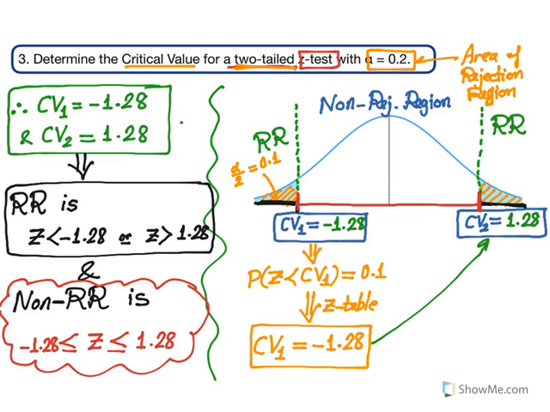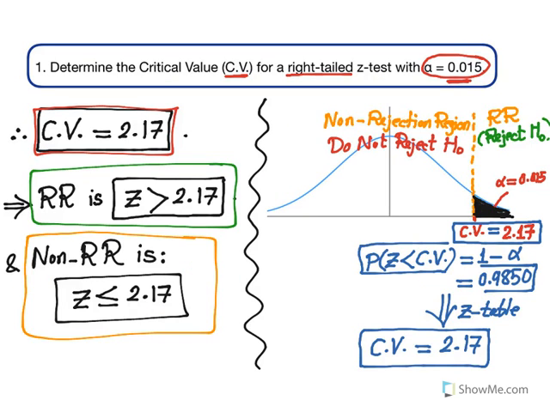Make sure you don't confuse this with the p-value method. I would say that the p-value method is more straightforward than this traditional, critical value or z-value method, because you will see when I solve questions about the p-value, it's very straightforward. But for this one, if you understood the three examples, that's all you need to know.